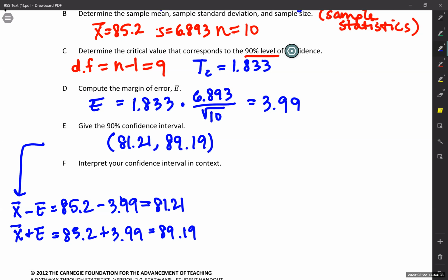And so to finish this up, we are going to interpret. That confidence interval was answer E, but to interpret it, we want to write a sentence. The way we write all the sentences is the same.